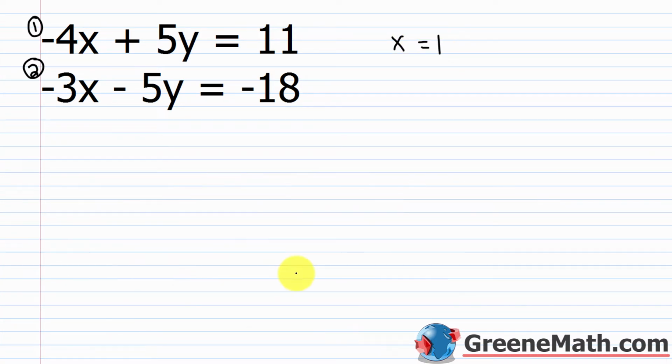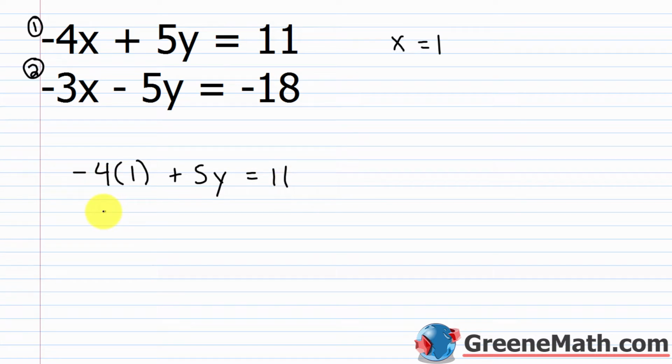Now, using some common sense, you can think about how to get y. If 1 is the value of x for the solution of the system, I can plug a 1 in for x in either original equation and solve for y. I'd have a linear equation with just y in it, which is very easy to solve. Let's plug it into the first equation: negative 4 times 1 plus 5y equals 11.